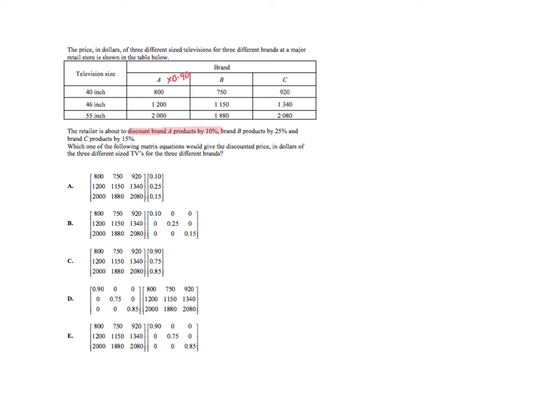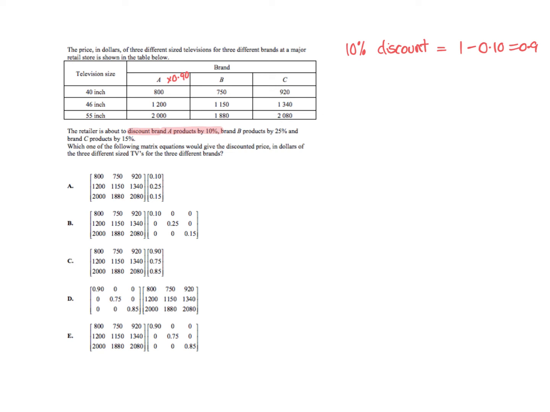Because a 10% discount means you would be doing 1 minus 0.10, which is 0.9.